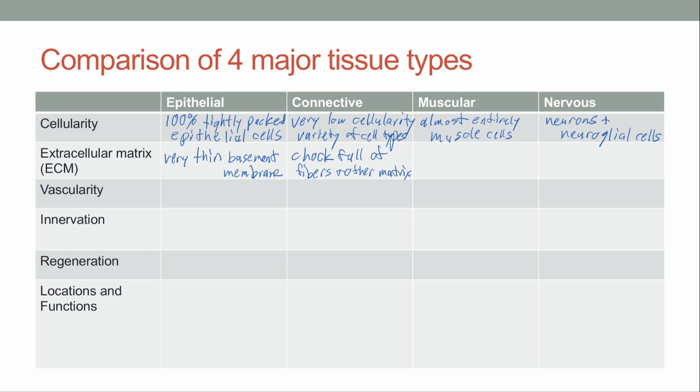Muscular tissues and nervous tissues have no extracellular matrix of their own. They're connected by connective tissue layers.